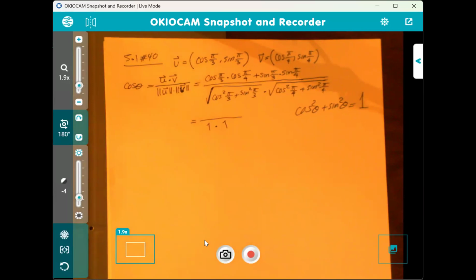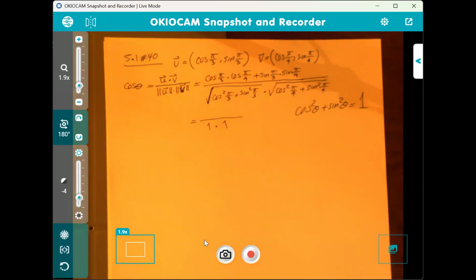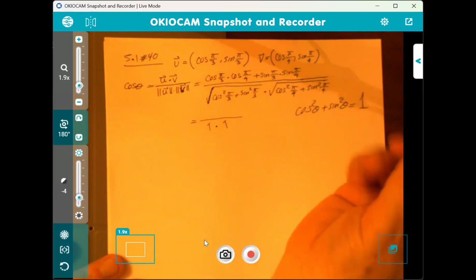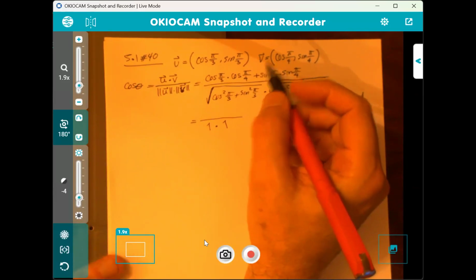For this one, we have cosine, cosine plus sine, sine. Does that ring a bell? Cosine, cosine, sine, sine. That's actually the difference formula for cosine, isn't it?